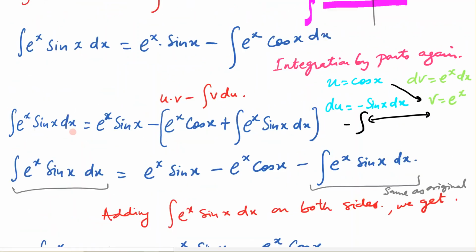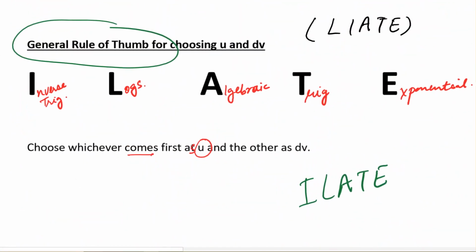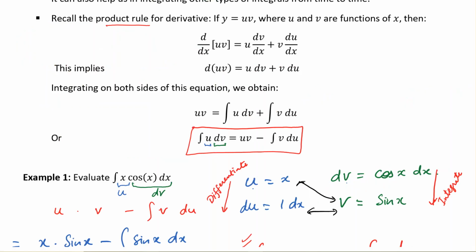So this is how we use integration by parts, and the trick is you're going to choose a u and dv, and for that you can use the ILATE mnemonic. Whatever comes first in ILATE would be your u and the other one would be your dv. And once you're done with the right choice, you can use this formula to evaluate your integral.